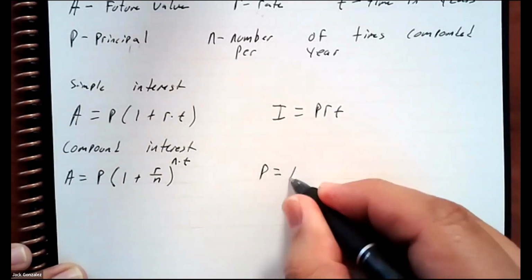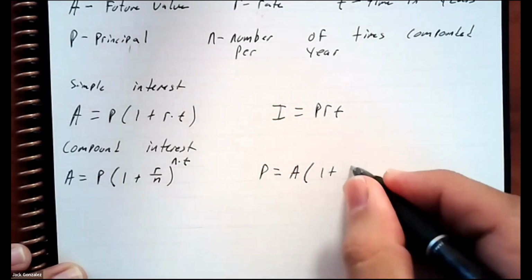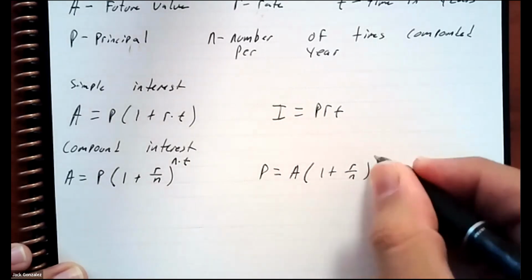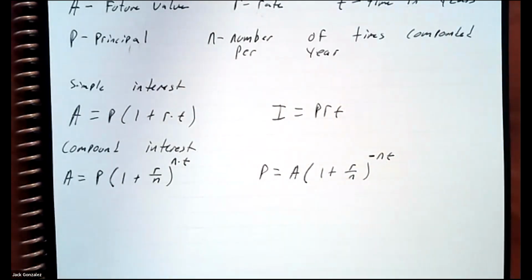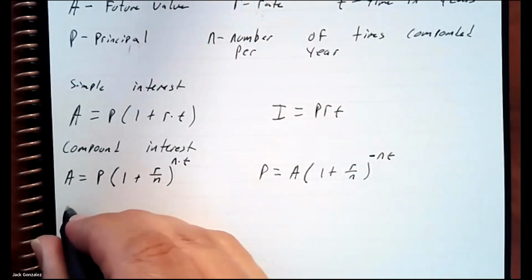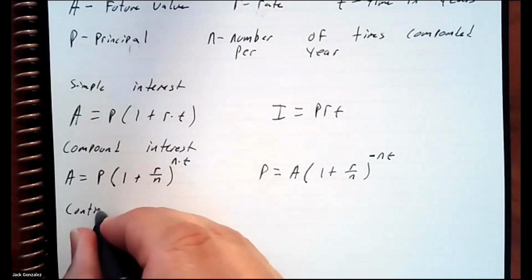If they ask for principal, you could use this. Let's put a minus on the NT. You divide it out, you would solve for P. Don't know if that's going to come up, but there you go. You can also solve for R and n and etc., but I'm not going to do that for you.